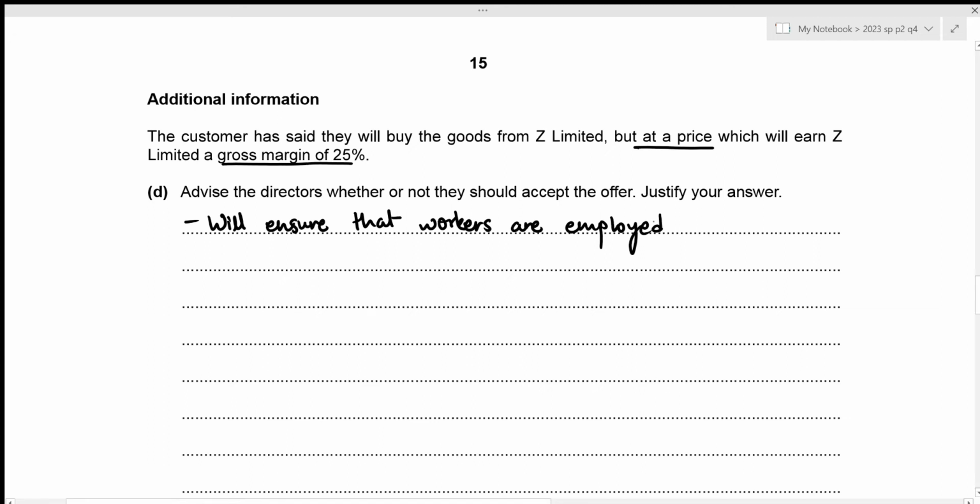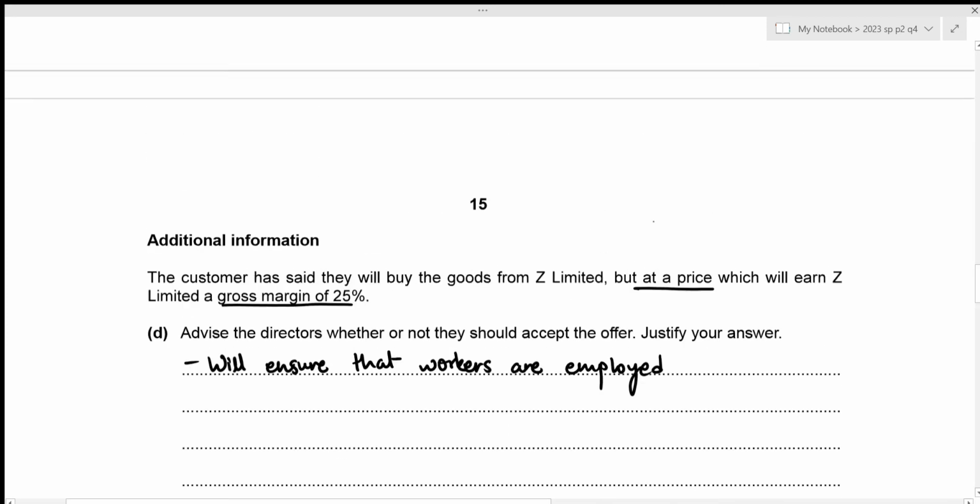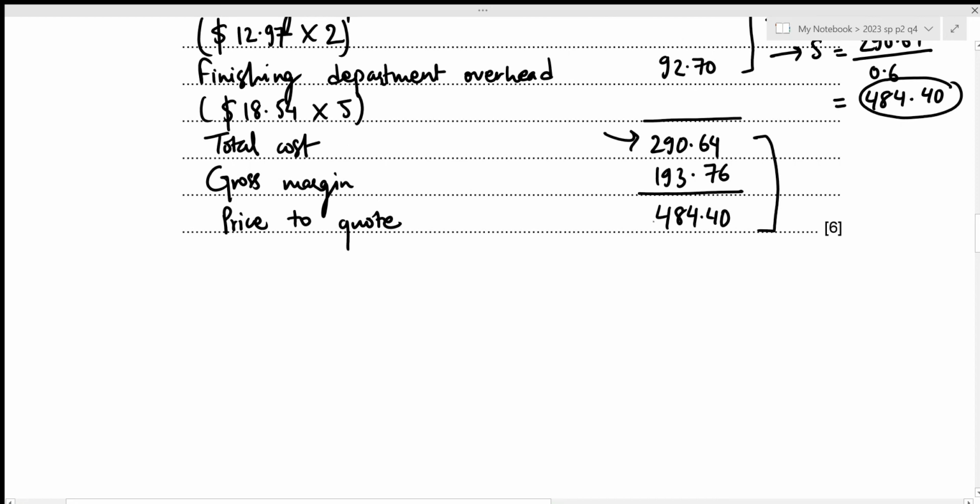Because if our contribution is negative, then it is better to not accept the offer. So let's figure out our selling price at 25% gross margin. So that will be gross profit divided by selling price times 100 equals 25%. And like I said before, gross profit is just the difference between selling price and cost, and we already figured out our cost to be 290.64.